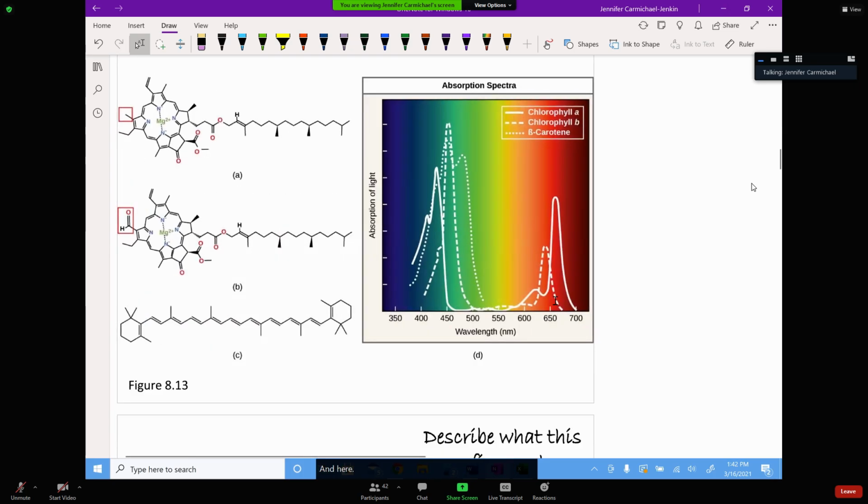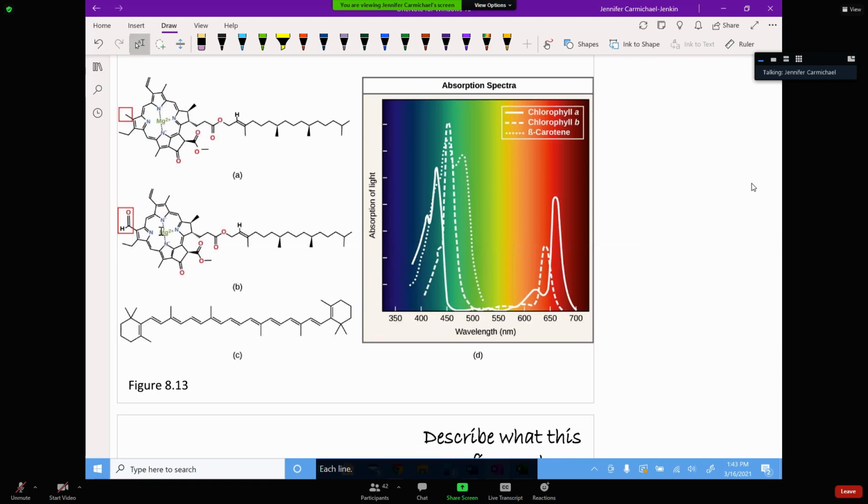And here are some pictures of what those light absorbing pigments look like. Okay, so you can just see them. And very similar to those cytochromes we talked about, there is a metal binding center. So this is going to be relevant to all the electrons we're going to be talking about, right? Because the electrons are attracted to those positive centers.